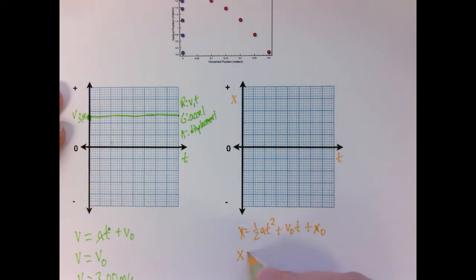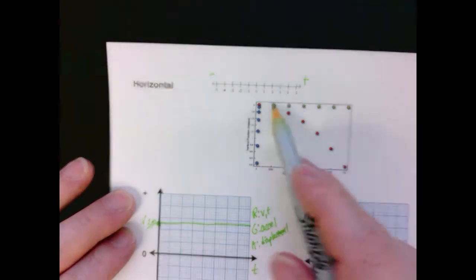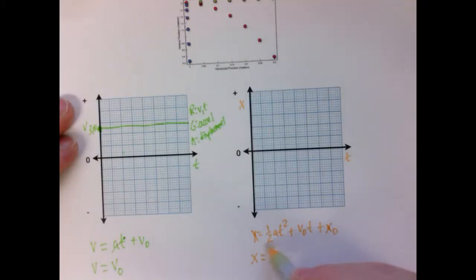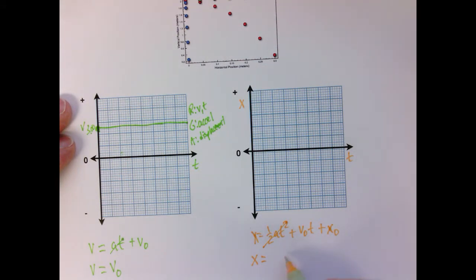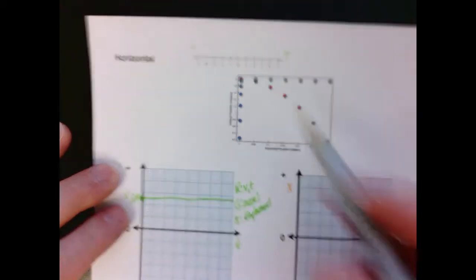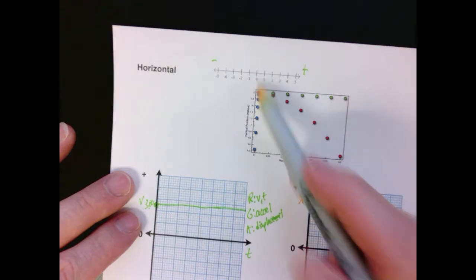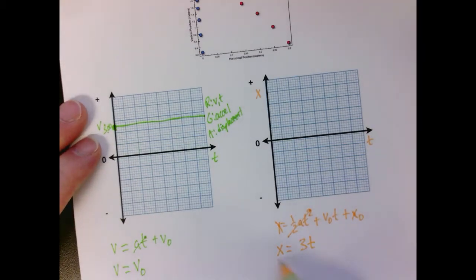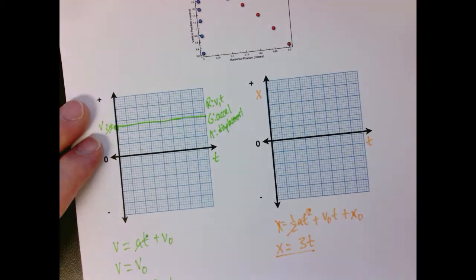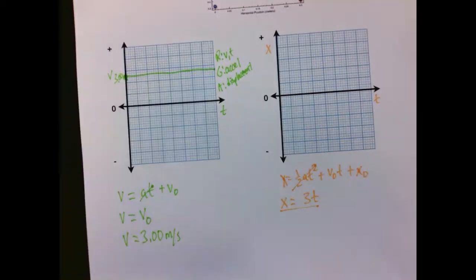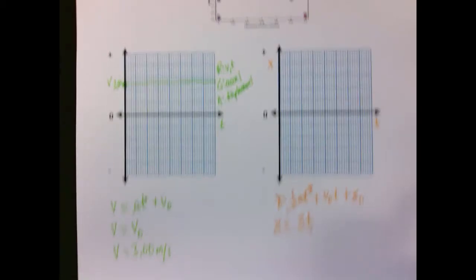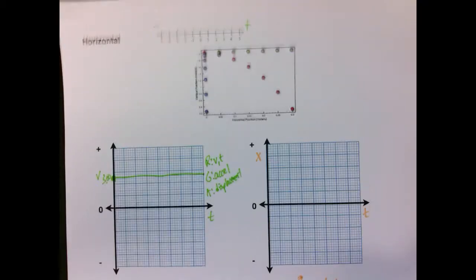So x equals, well, the acceleration is 0, so this term drops out. The initial velocity is positive 3, so we have 3t, and the initial position is, in our reference frame, 0. So this is our model here, x equals 3t. Velocity of 3 meters per second. Oh, so this gets very easy in the x direction when the motion is constant.